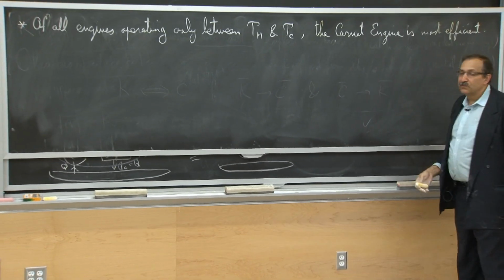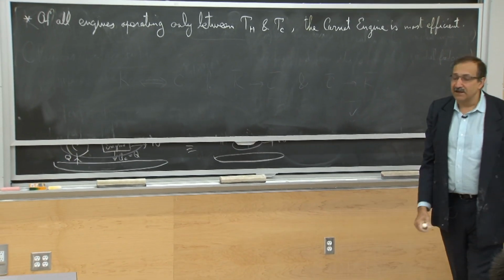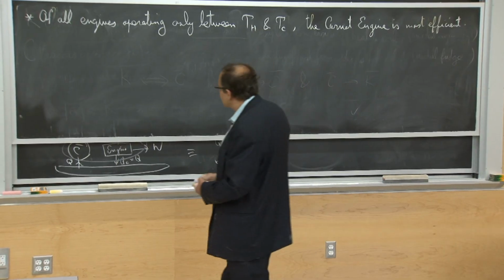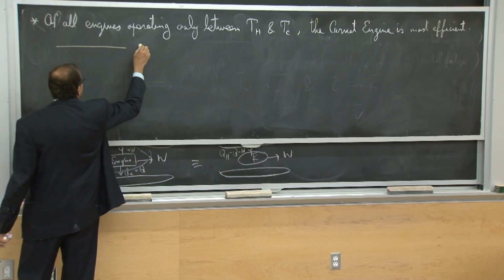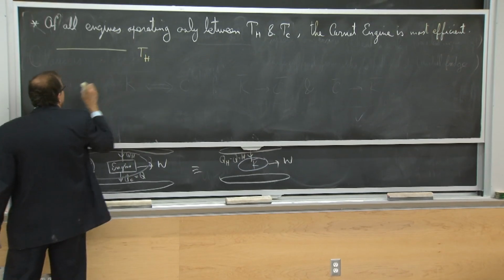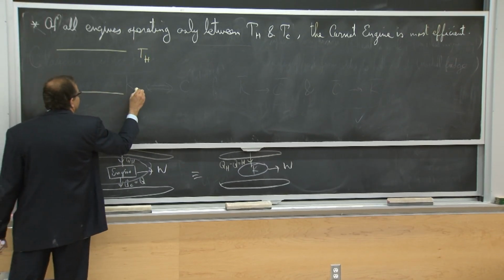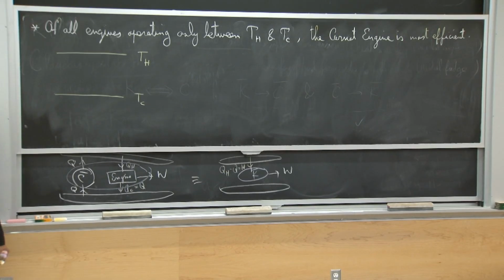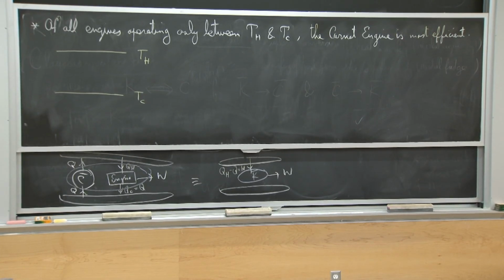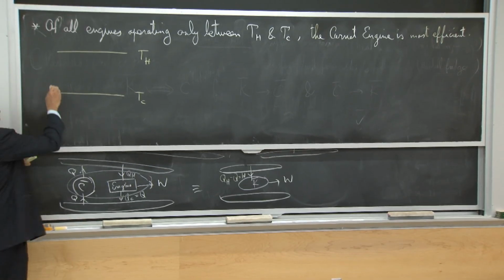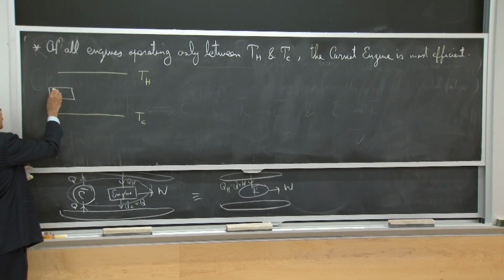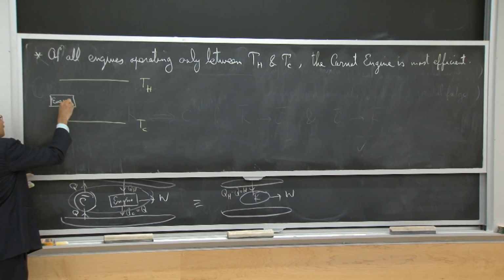So we are going to move away from this idealization that we made, but so far only in one small step. That is, we are still going to assume that all heat exchanges are done between TH and TC. Okay? And so let's say that we have some kind of an engine which does not have to be reversible.